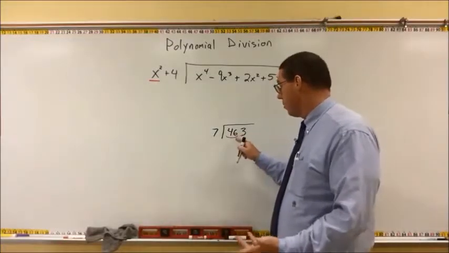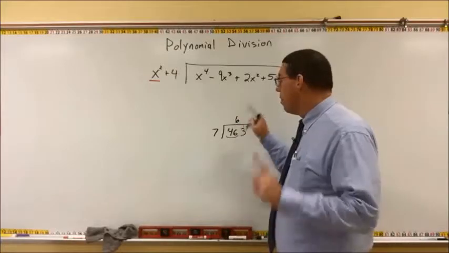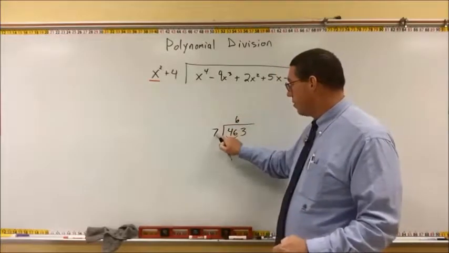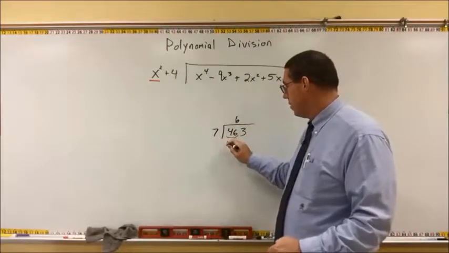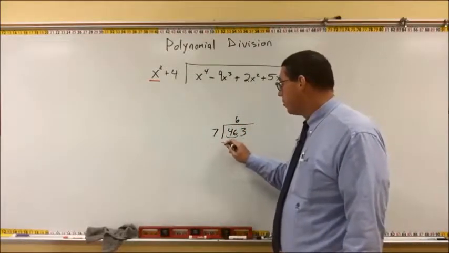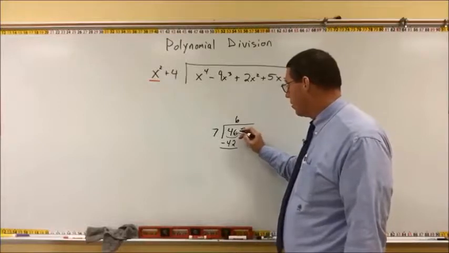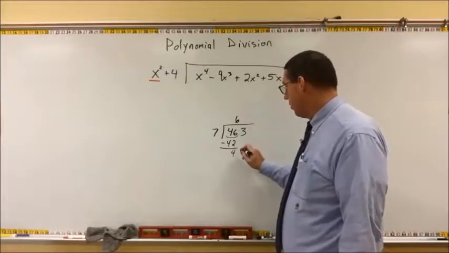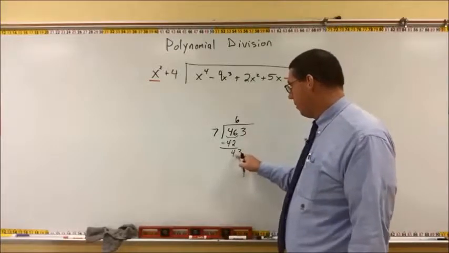So 7 goes into 46 6 times. Then we multiply the number up here times the number over here. 6 times 7 is 42. Then we subtract, right? 46 minus 42 is 4. Then we bring down the next number, and it becomes 43.